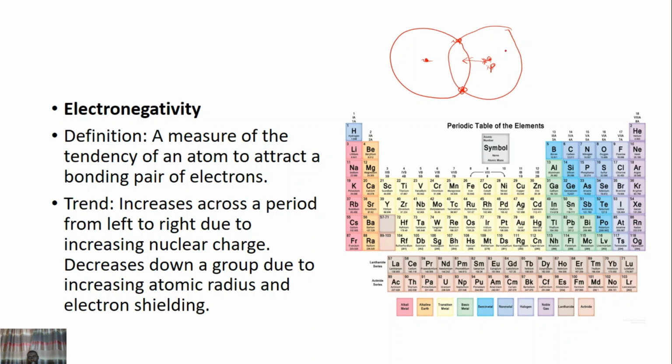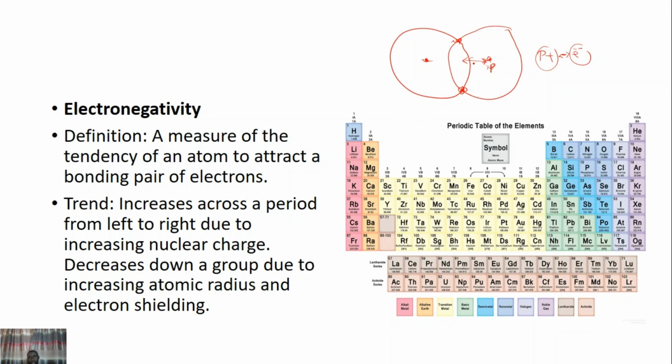Okay? And like I said, a proton is positively charged, an electron is negatively charged. They attract each other. So as these charges increase, the force of attraction between them increases. So as you move across the periodic table, the proton charge in the nucleus increases, so also the strength of attraction between them increases.